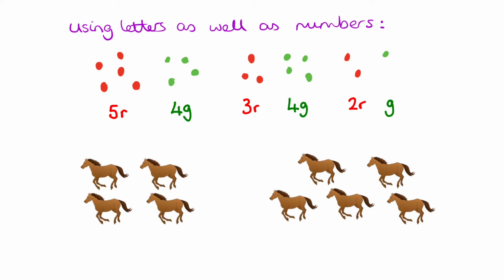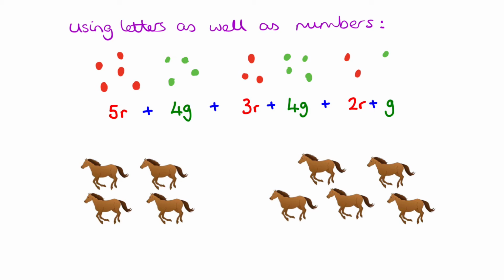We know that G on its own means 1G, okay, 1 green dot in this case, okay? Now, we can leave that like it is, or we could say that altogether what we've got here is 5R, add 4G, add 3R, add 4G, add 2R, add G, if we wanted to.